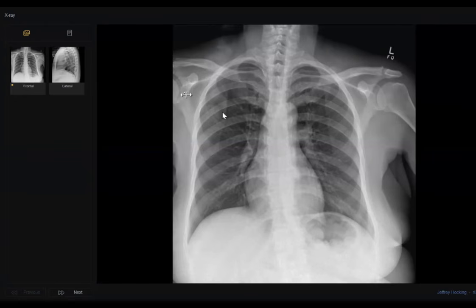I cannot see any striking abnormality, so I will go through my checklist. I can see clear both lung fields, normal heart size, slightly prominent hilar vessels, normal skeleton.